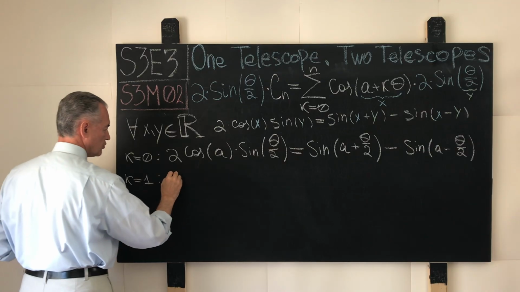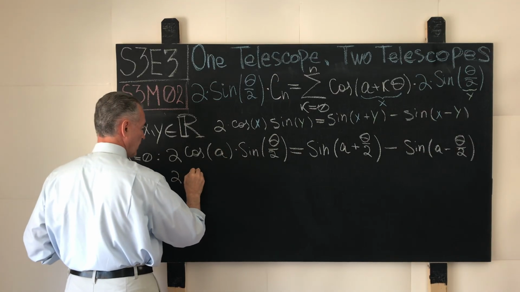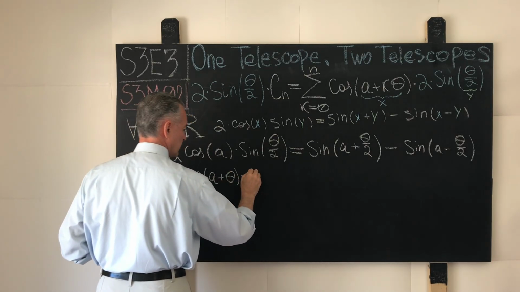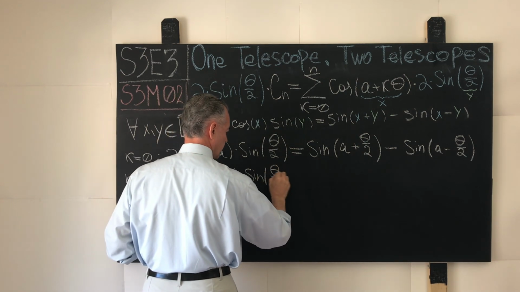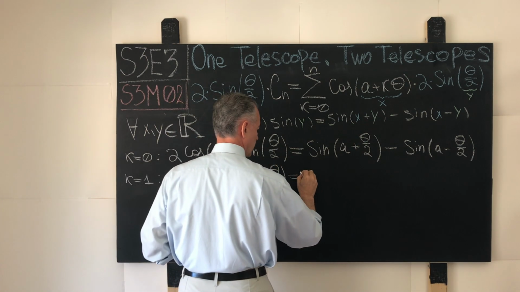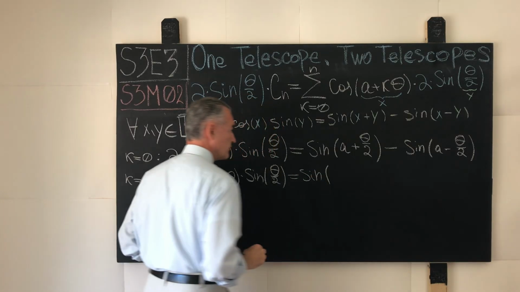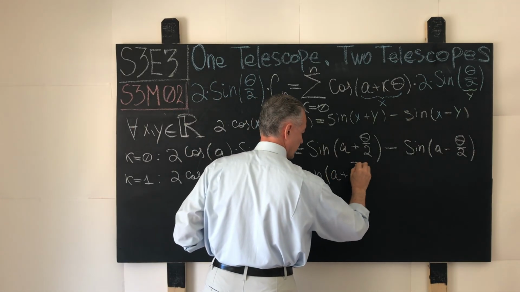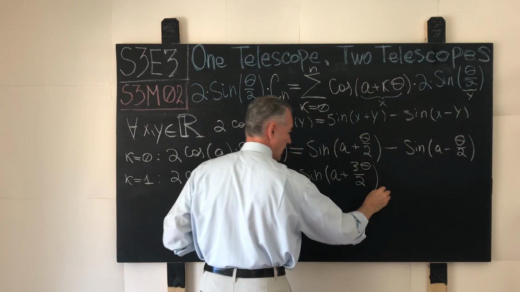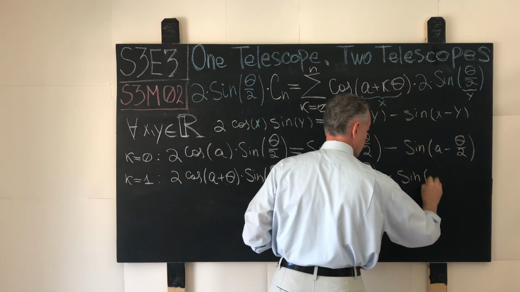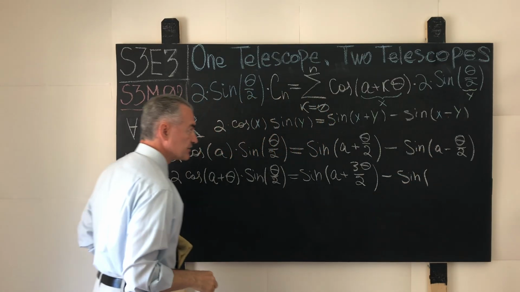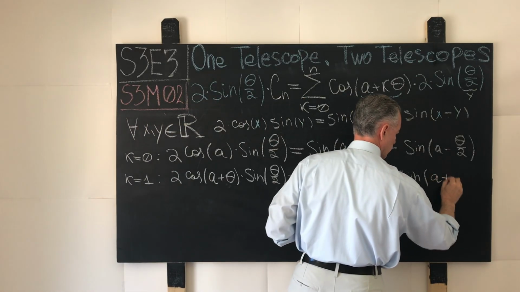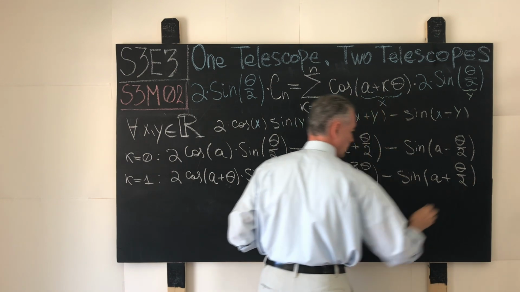When k is equal to 1, then for the next term we will have the cosine of a plus theta times the sine of theta over 2 equal to the value of the trigonometric function of sine evaluated at a plus 3 theta over 2 minus the value of the sine evaluated at the difference between x and y, which is a plus theta over 2.